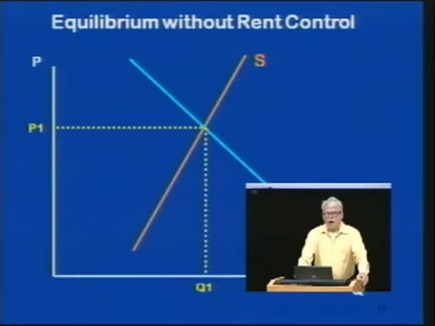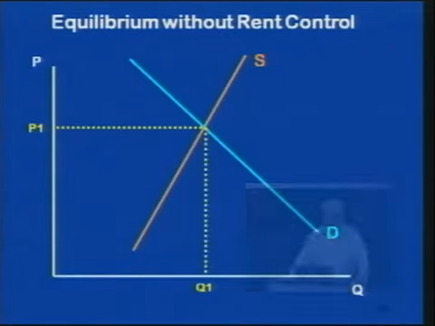Okay, so if we have rent control, a market that is a freely operating market, no intervention to prevent price from moving whatever it would do, we would have a demand for housing and a supply for housing. Say this is housing in Berkeley, rental units in Berkeley, and there would be some price that's established within that market.